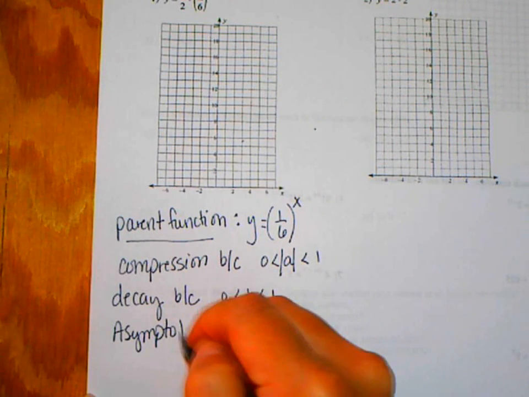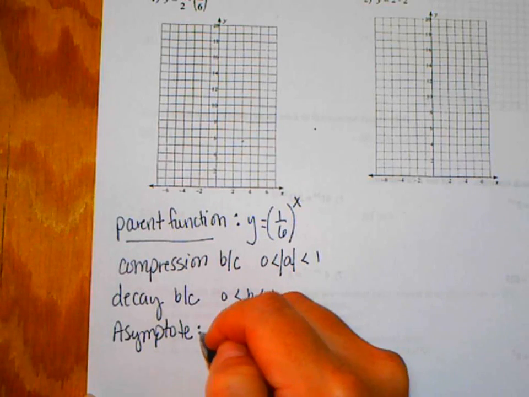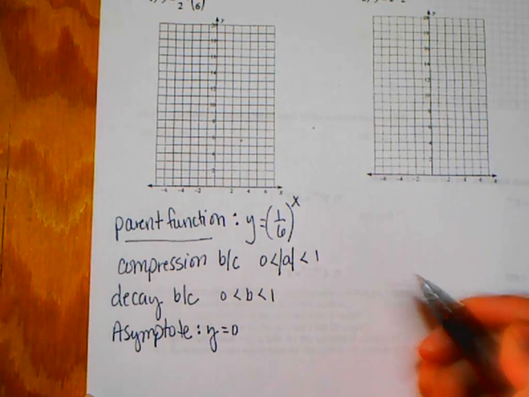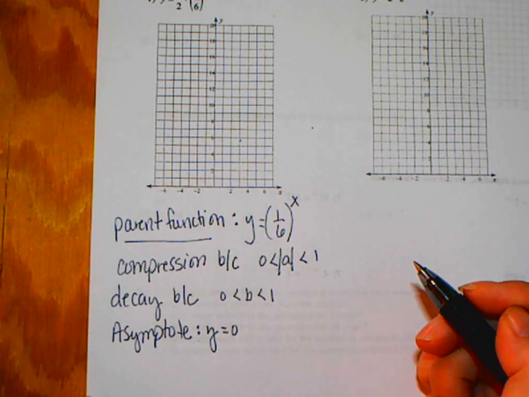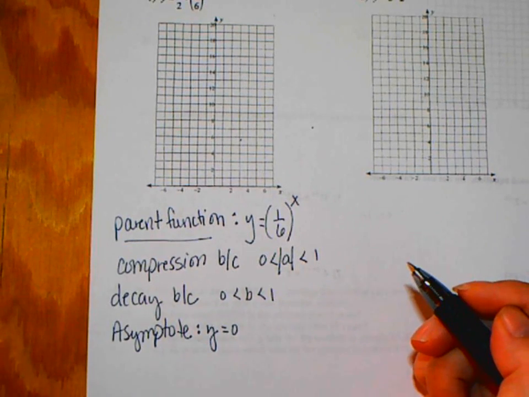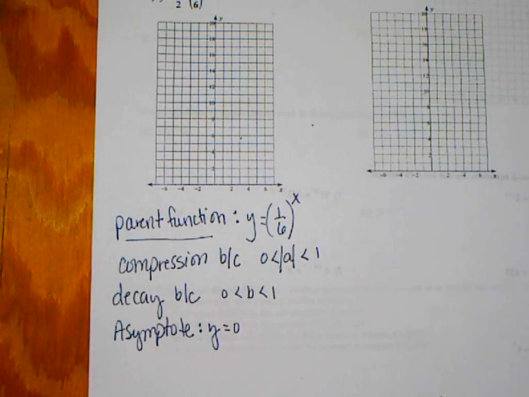Horizontal lines are always going to be y equals, and vertical lines will always be x equals. So your h and your k are both 0. So it doesn't go up, down, left or right.